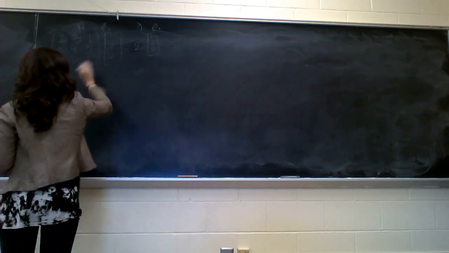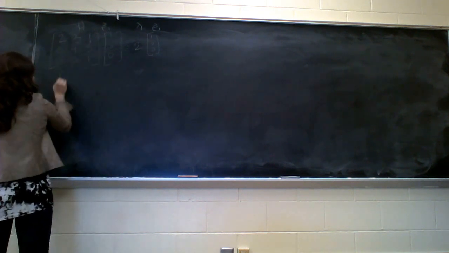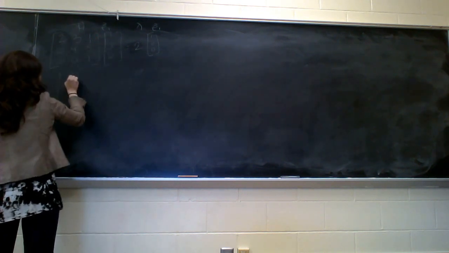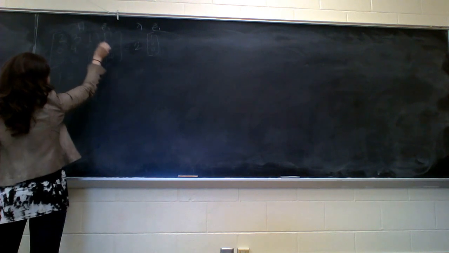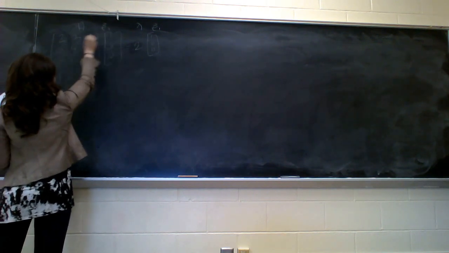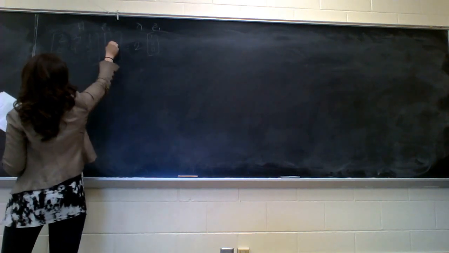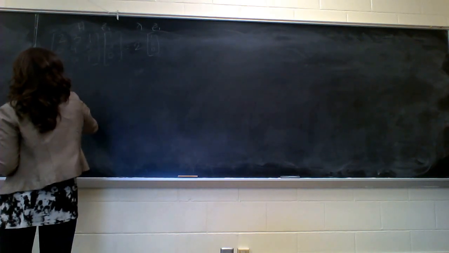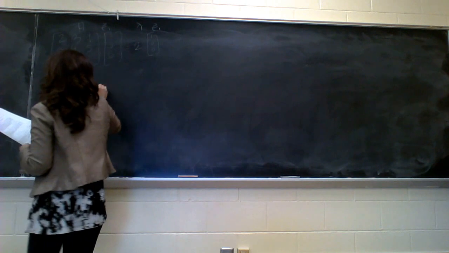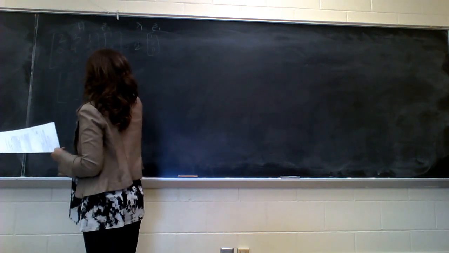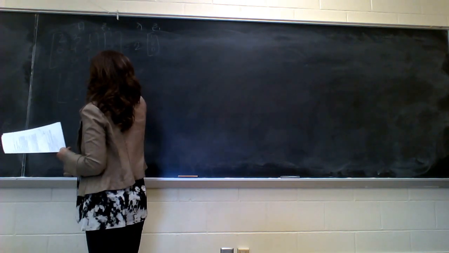If I do this matrix-vector multiplication here, I'm going to get 2 times 1 plus 3 times 0, and then everything else is 0. And then of course if I do the scalar-vector multiplication, I get 2, 0, 0.